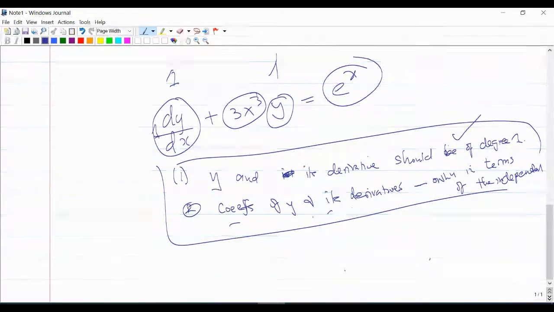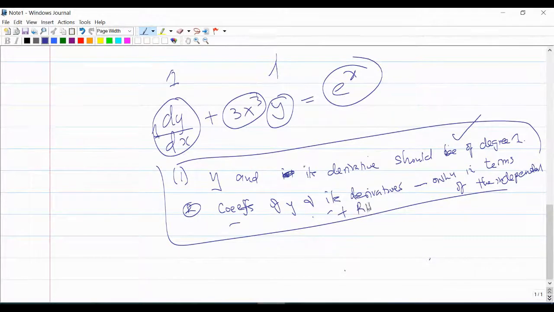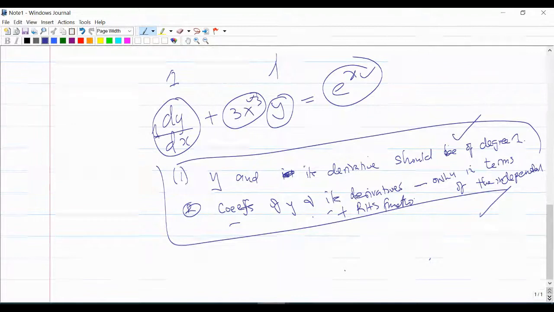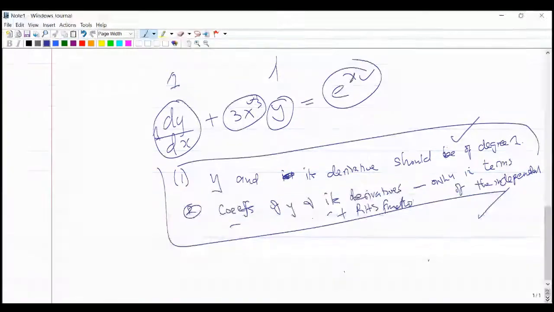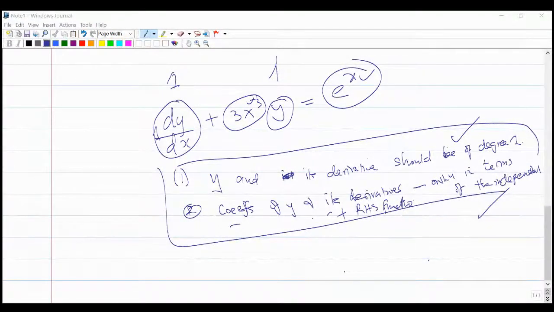And of course, the right-hand side function should only be in terms of the independent variable. It is in terms of x solely, so that is fine. Then we are fine. It's linear. It doesn't matter what power the independent variable has, as long as these two criteria for classifying a differential equation as linear are satisfied. That I am done. I don't know if I answered you, JV.